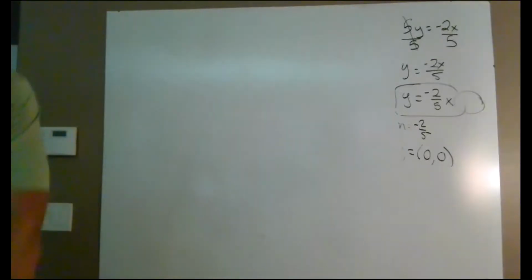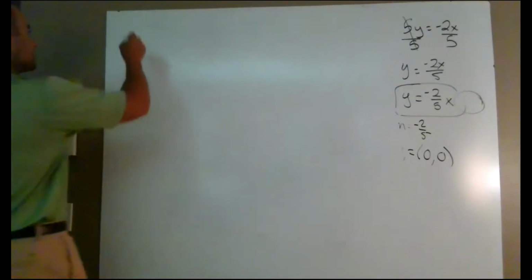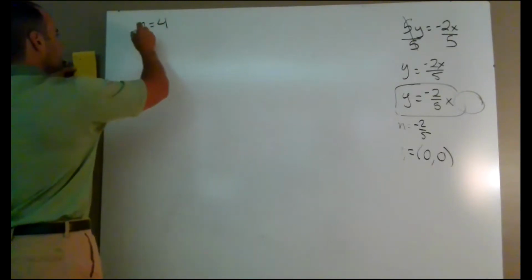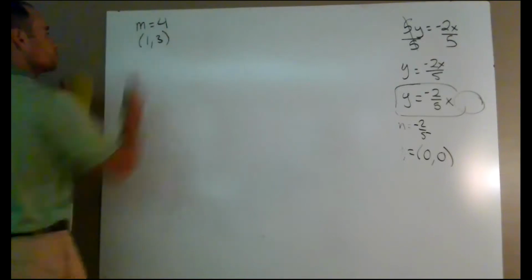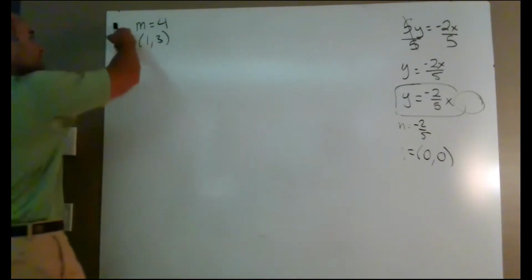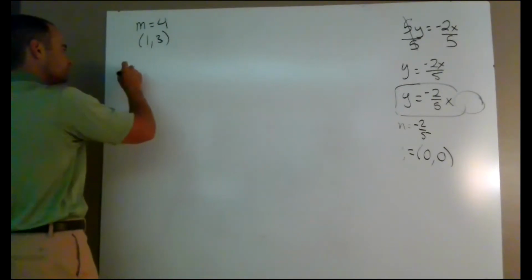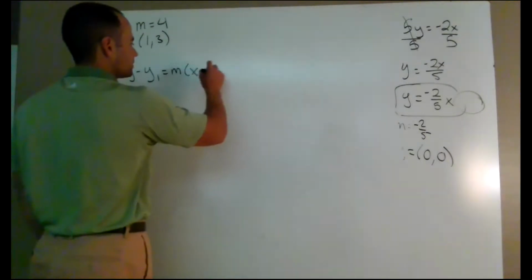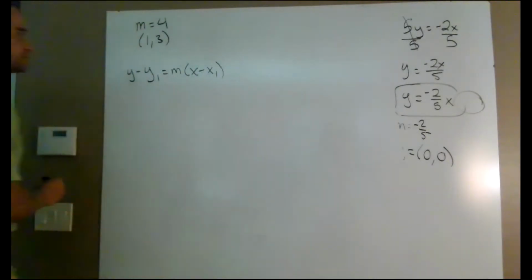All right. So the first one is find the equation of a line that has a slope equal to 4 that goes through the point (1, 3). If I have the slope and a point, I can use point-slope form to find the equation.